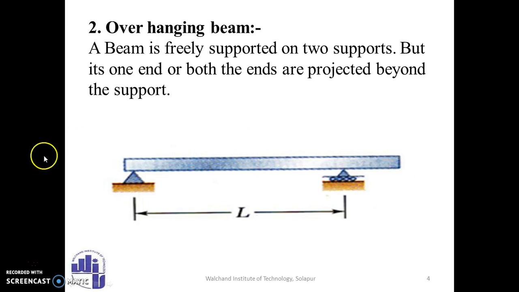Now here in this figure, one end is projected beyond the support, so this is called a one side overhang beam. Similarly, if it is projected beyond the support on both sides, then we call it a both side overhang beam. So simply, in an overhang beam, an end is projected beyond the support.